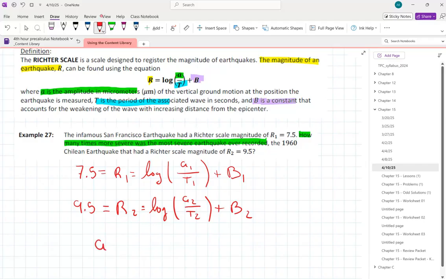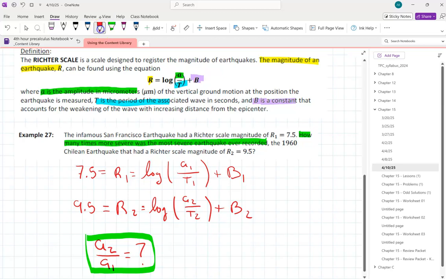So what we're really asking for is the amplitude of the Chilean earthquake divided by the amplitude of the San Francisco earthquake. We might not actually be able to find the number for each of them, but we might be able to find the ratio of how much more was the one than the other. Everybody's okay with that?